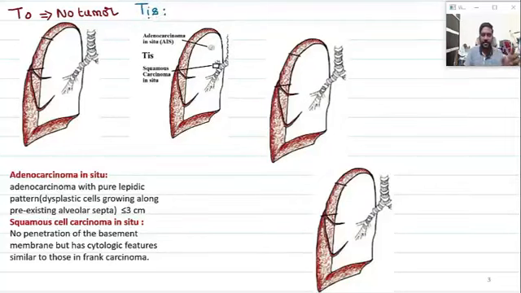So this is the sequential order. First is T0, no tumor. TIS means carcinoma in situ, or tumor in situ.